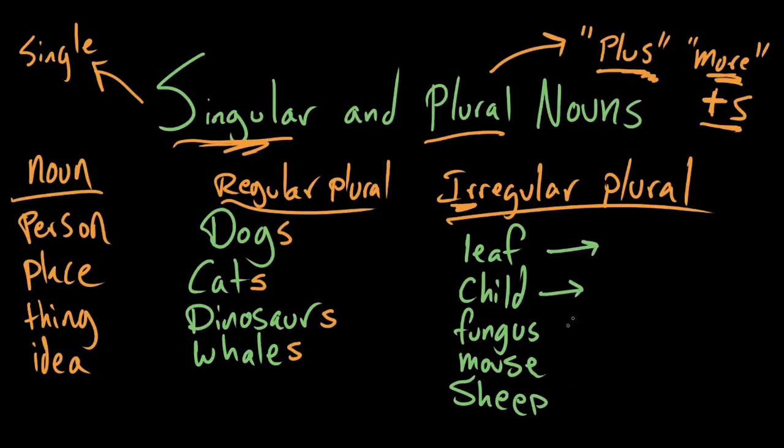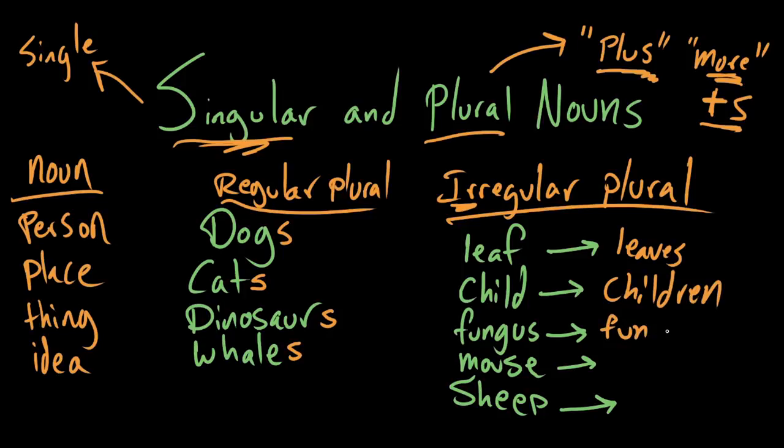Each one of these words corresponds to a class of words that has its own unique pluralization standards. So leaf becomes leaves, child becomes children, fungus becomes fungi, mouse becomes mice, and sheep stays sheep, believe it or not. So these are the irregular plurals, and we'll be covering each of these in turn in later videos.